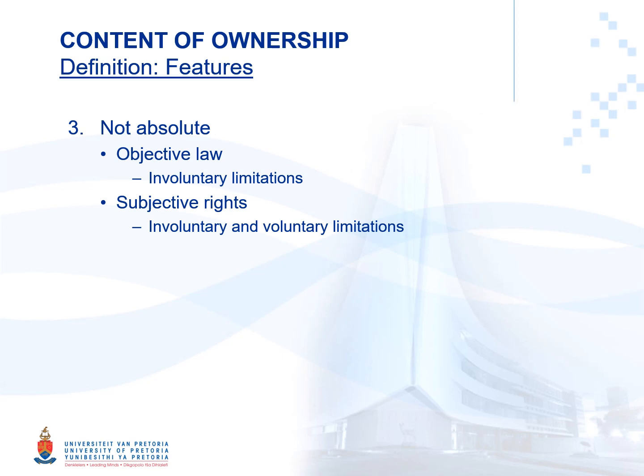In this regard, the limitations are generally accepted to be inherent limitations of ownership and can be voluntary limitations or involuntary limitations. The limitations would be voluntary in the event that the owner consented to the limited real rights or the personal rights, such as in the case of limited real rights, real security rights or a servitude.